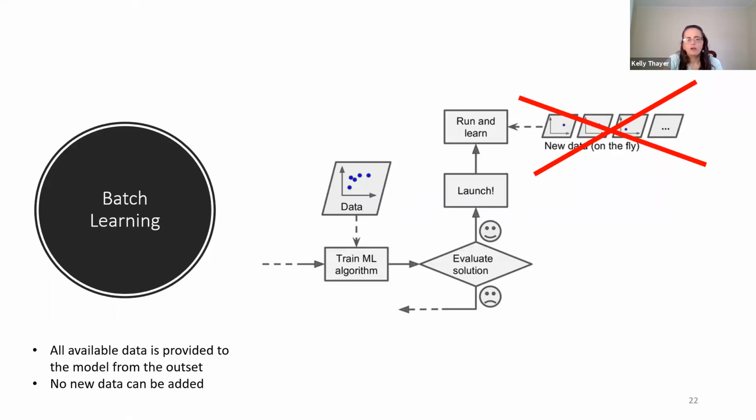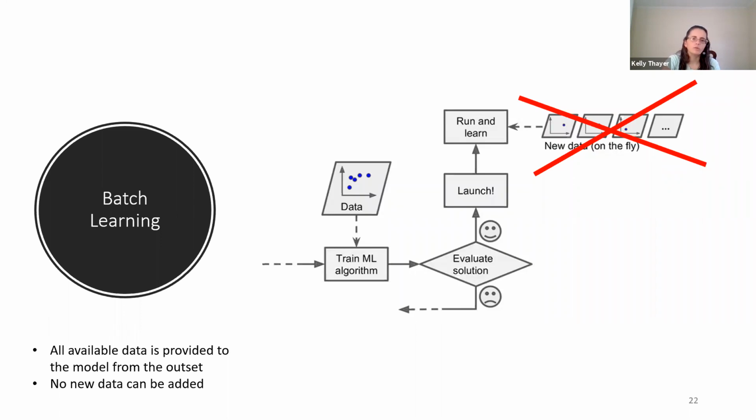Batch learning, in contrast, does not allow for new data on the fly. That means there's a single data set and that's the only data set available. No new data is going to be provided to the model, so it will be only as good as the data set that's available. Maybe you could only take one sample.